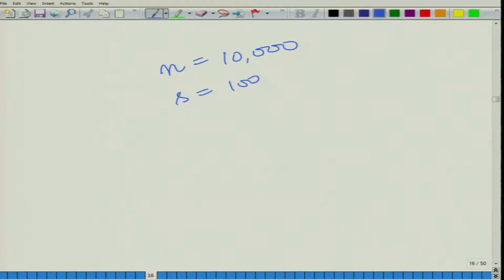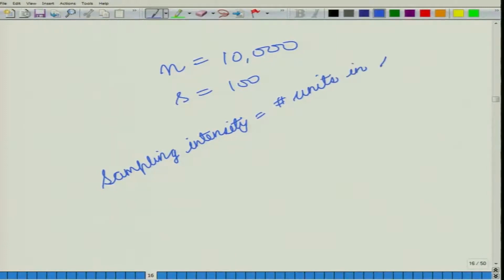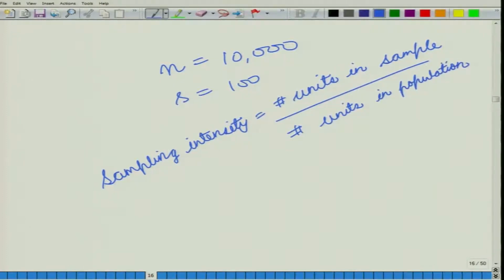The sampling intensity is the number of units in sample divided by the number of units in population. So, in this particular case, the number of units in the sample is 100, the number of units in the population is 10,000. So, we will get a value of 0.01, or we can also write it as 1%. So, in this case our sampling intensity is 1%.